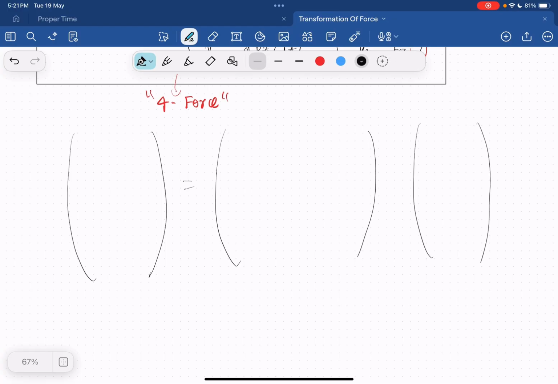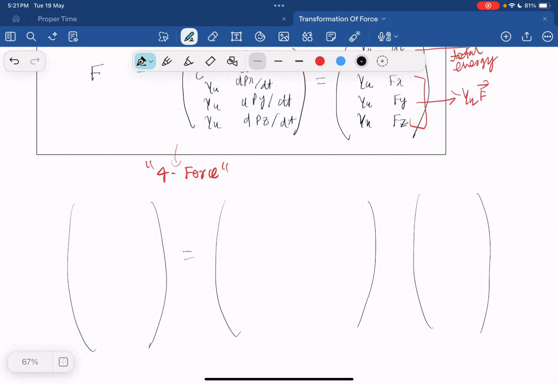We have the 4 vector in the primed frame, so we have gamma u dash by c dE dash by dt dash, gamma u dash fx dash, gamma u dash fy dash, gamma u dash fz dash.